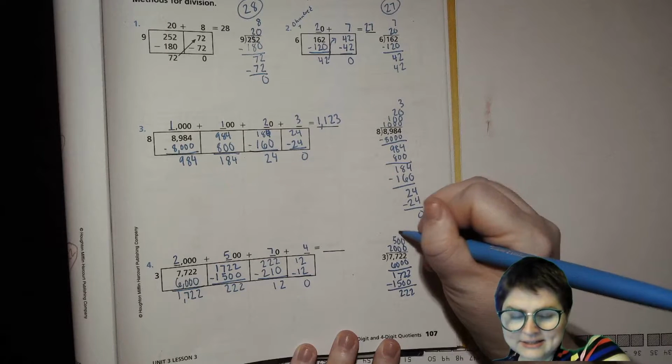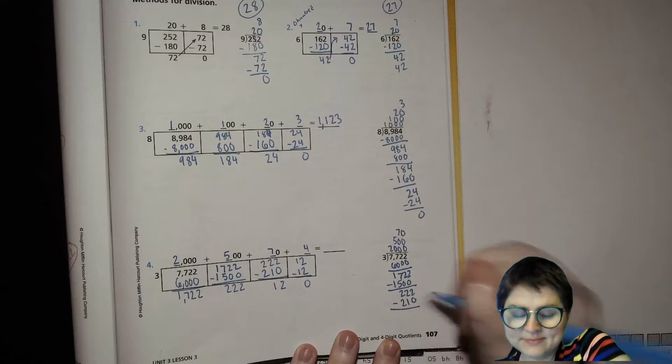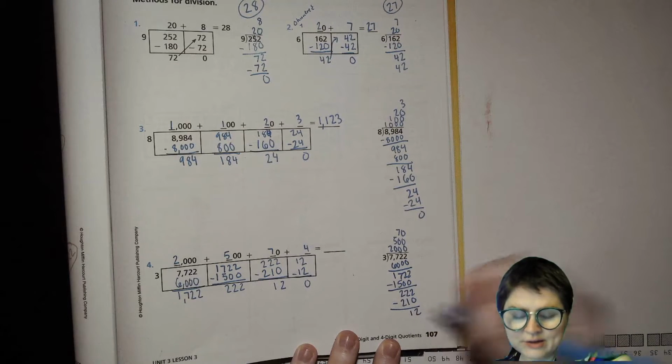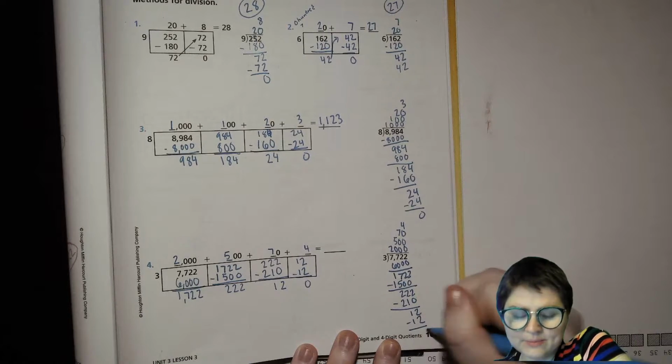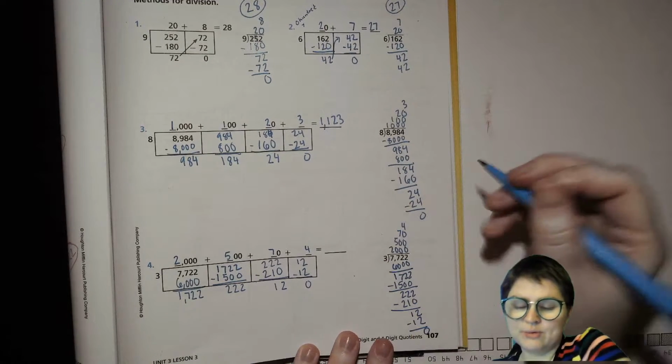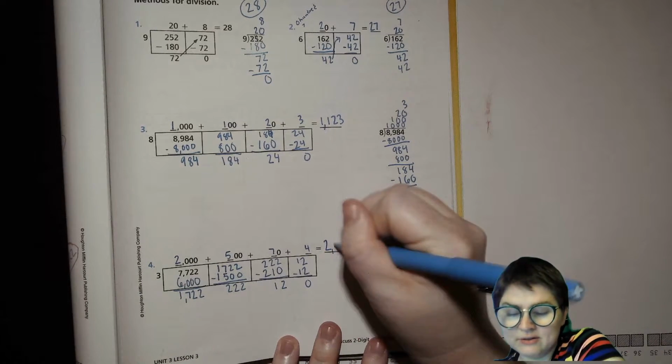And then 70 gets us the 21 10s. And then 12. And then 4 gets us the 12, 0. So what do you call 2,574? Hopefully you got that right.